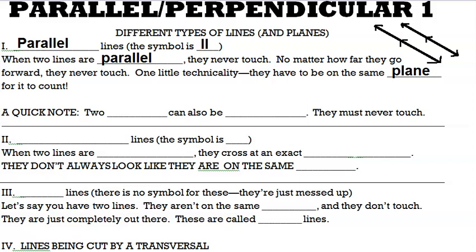All right, quick note here. Two planes can also be parallel. They must never touch. So I want you to just think of that like a box. A standard boring box, nothing that exciting here. And then you just sort of imagine the top of the box, and then you imagine the bottom of the box. There you go. It was not perfect, but that looks pretty good.